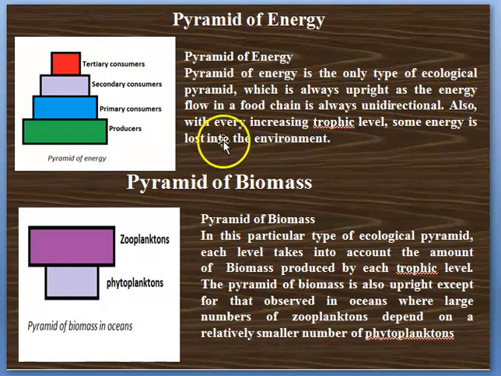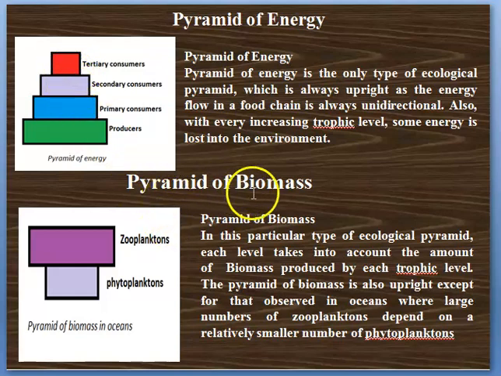Also, with every increasing trophic level, some energy is lost in the environment, and here you can see the diagram of it. More energy in the producers, less in the primary consumers, still less in the secondary consumers, and 100% of the energy is lost in the tertiary consumers.